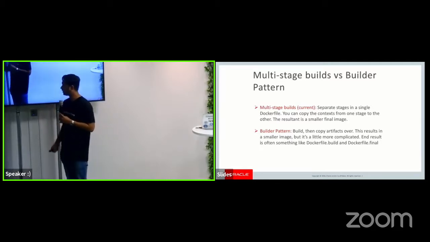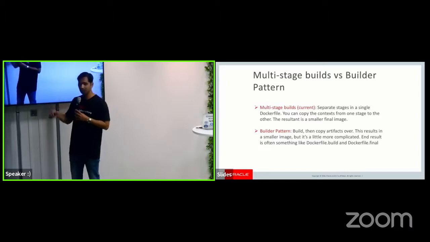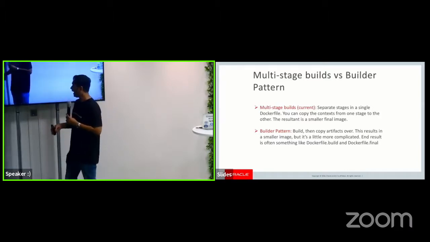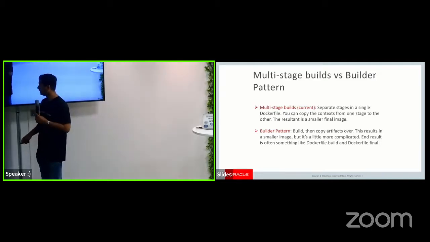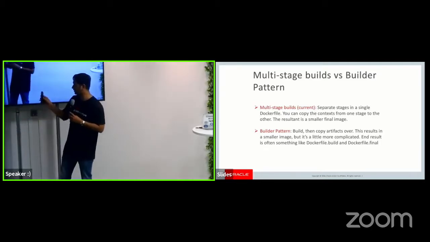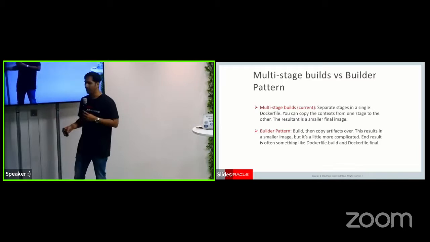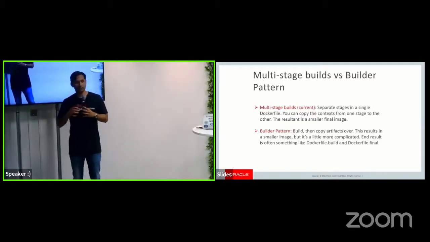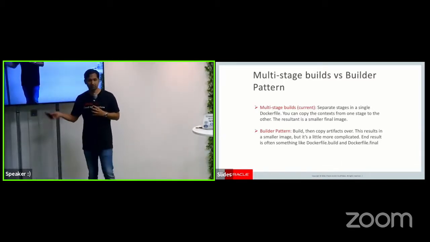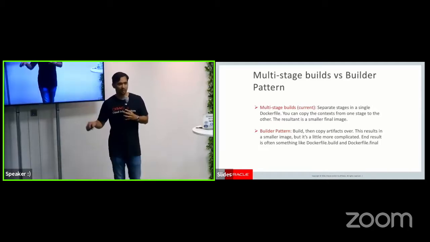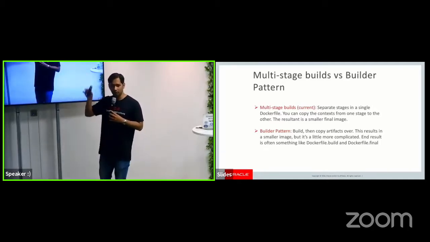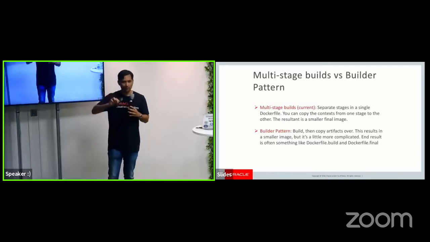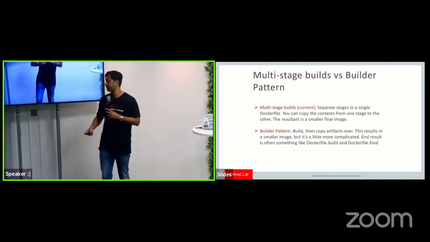The builder pattern is: build, then copy the artifacts over, and the result is a small image, but it's a more complicated process. The end result is often something like Dockerfile.build and Dockerfile.final, so you have multiple Dockerfiles. But with Docker multi-stage build, we're going to have just one single Dockerfile, and we will use the FROM statement to copy the context over and over to the next layer.